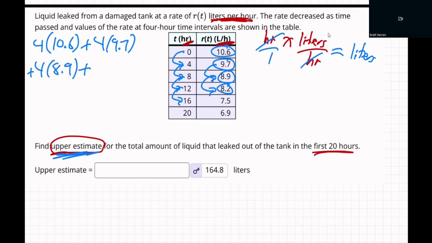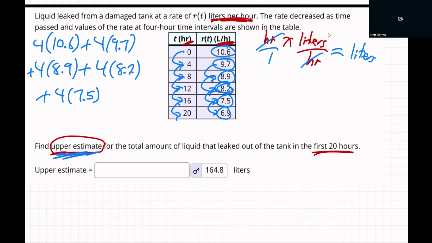And then the next 4 hours, it started at 8.2, ended at 7.5. Take the higher one. And for the last 4 hours, it started at 7.5, ended at 6.9. I'm going to use the higher one, assuming it leaked 7.5 liters per hour for the whole 4 hours. Notice I never used the 6.9 because that's not an upper estimate for any interval. It's the lowest of them all.